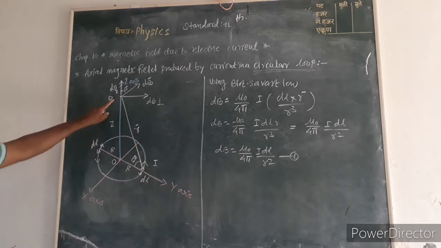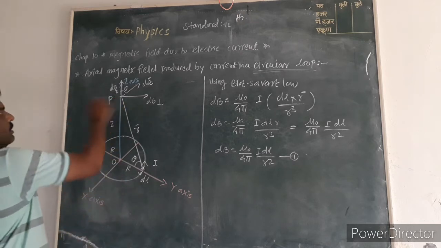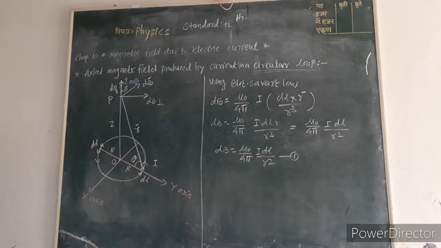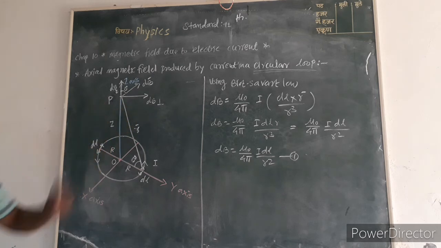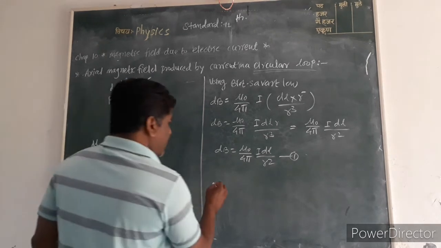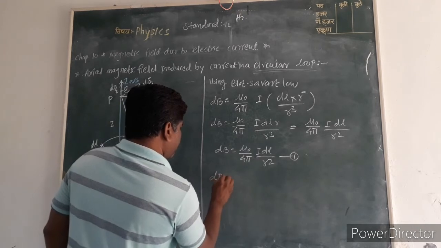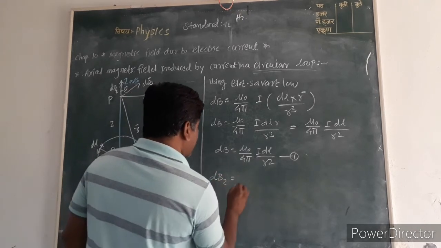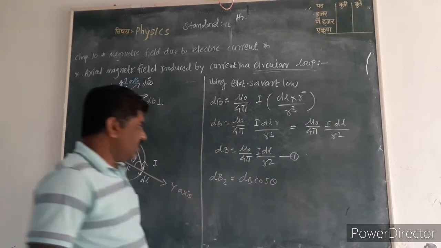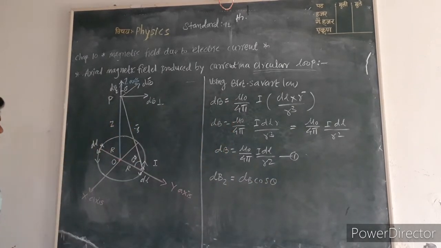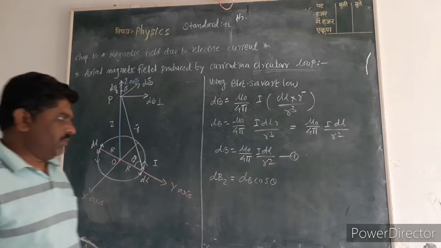We find the magnetic field at point P, but dB perpendicular is neglected, that is 0. Only dBz is equal to dB cos theta. This is the magnetic field at point P.